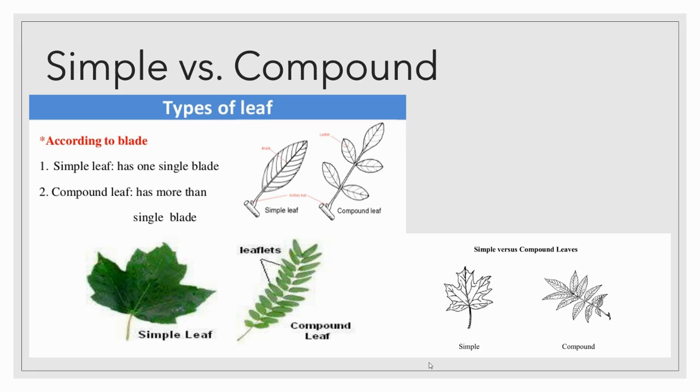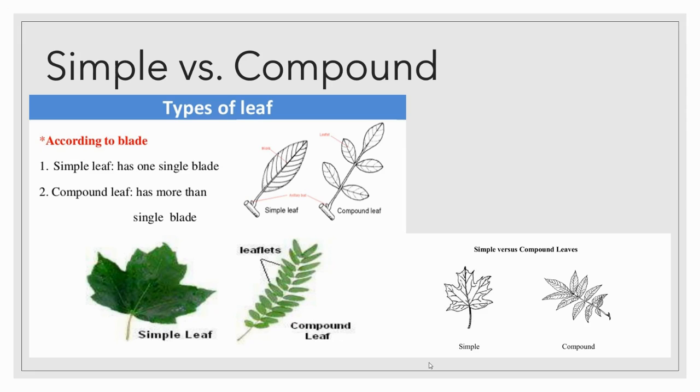If you look at the picture, it shows that a compound leaf has more than one leaflet, and a simple leaf is just a single leaf. That's a pretty huge defining feature when it comes to leaves. I'm going to show some examples of simple versus compound leaves next.